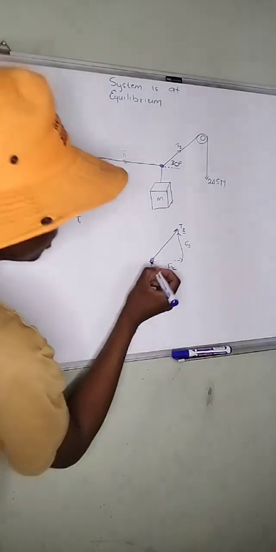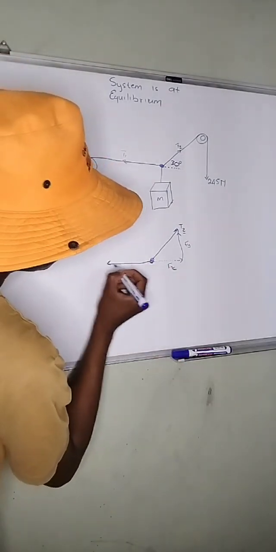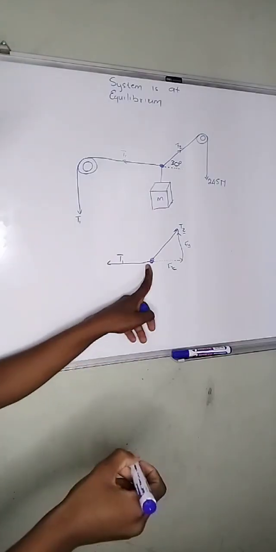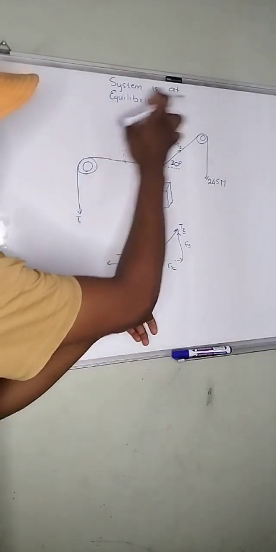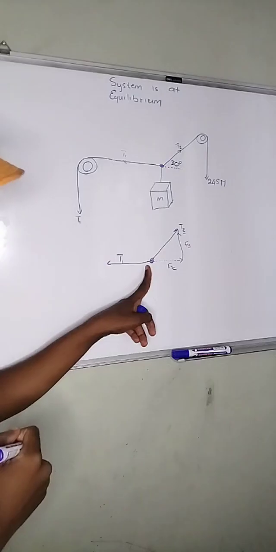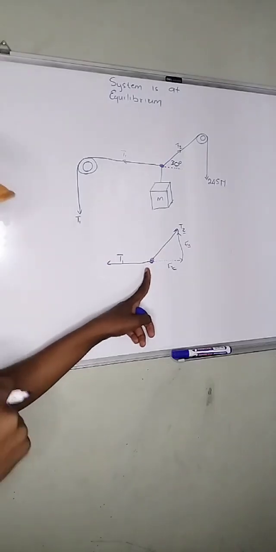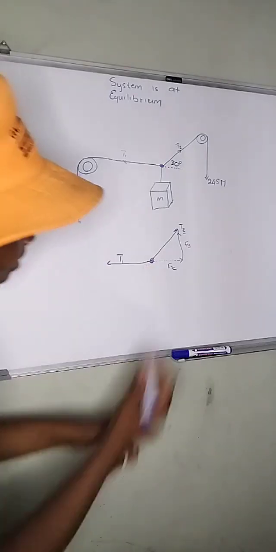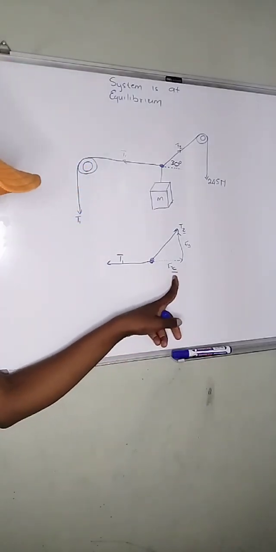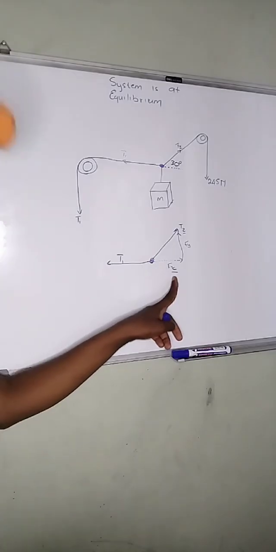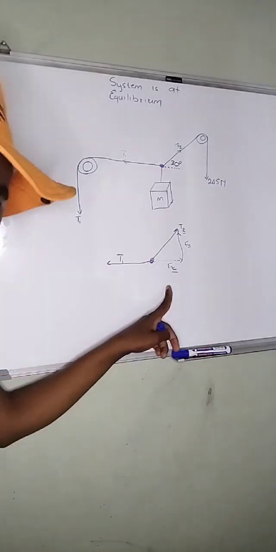Now, obviously, I'm going to have my T1. You get it? And remember, the system is at equilibrium. What do we expect here? What is Fx going to be equal to?